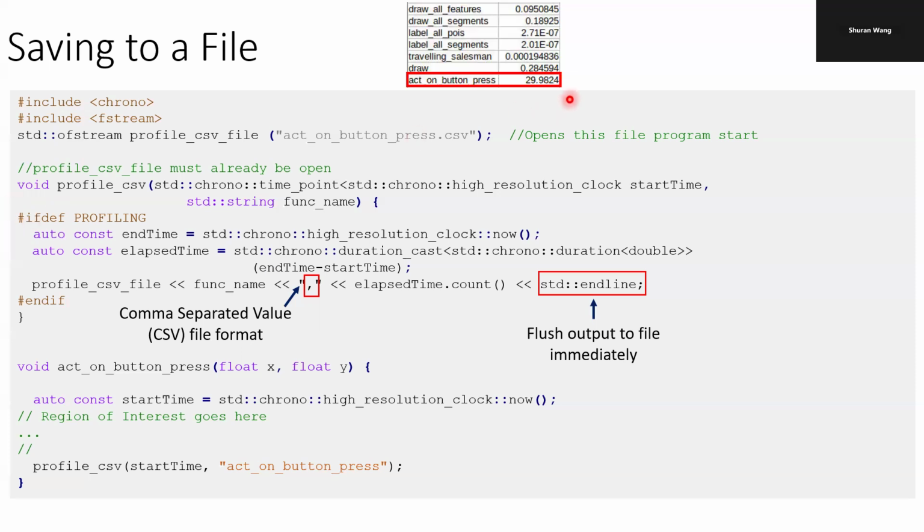The act on button press just appeared here. And this is generally how to write simple profiling code to output duration of each region of interest.